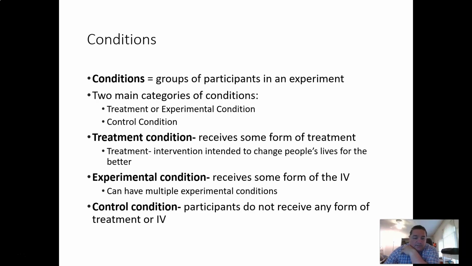There's different levels or different experimental conditions, and one variable is being manipulated. So in the control condition, participants do not receive any form of treatment or independent variable. And so they are just a group without the extra change.